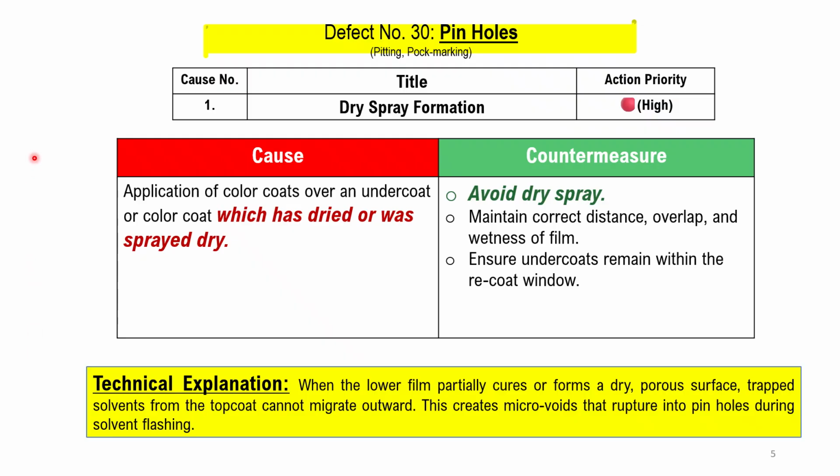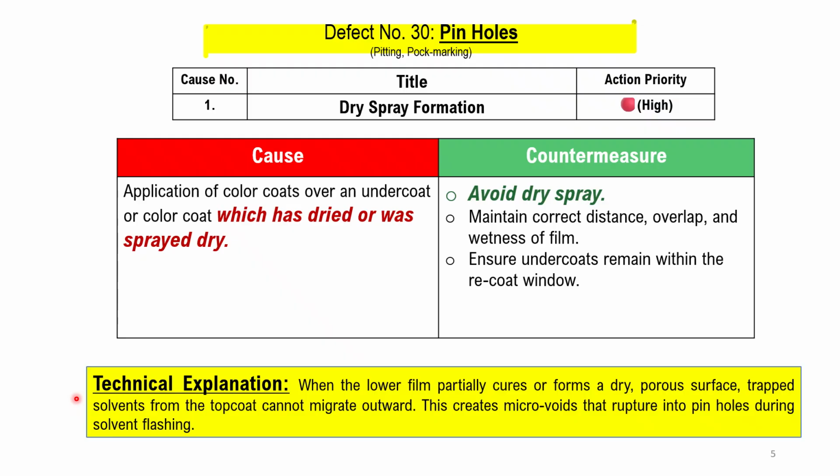Coming to the causes and countermeasures, number one, probable cause could be dry spray formation. That is, application of color coats over an undercoat or color coat which has dried or was sprayed dry. When the lower film partially cures or forms a dry, porous surface, trapped solvents from the top coat cannot migrate outward.